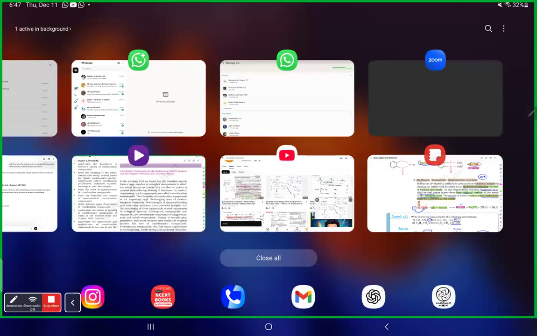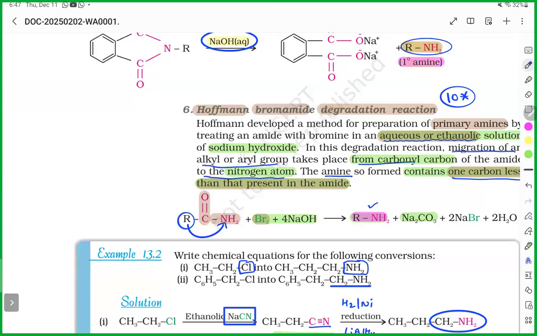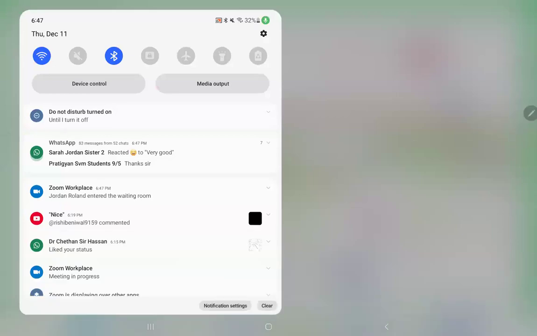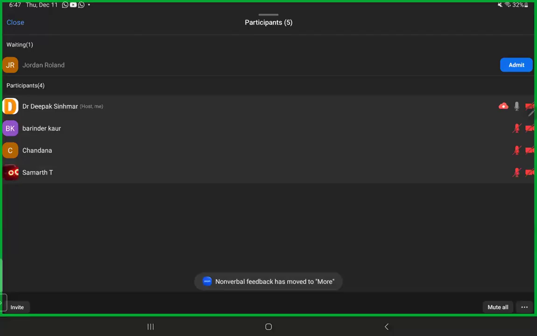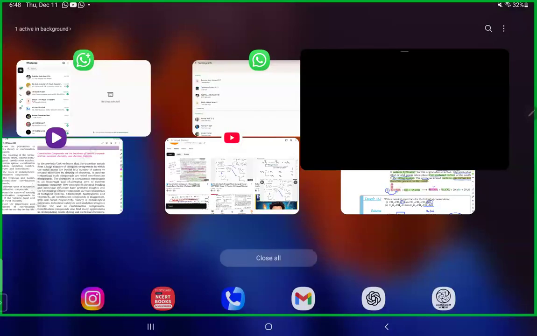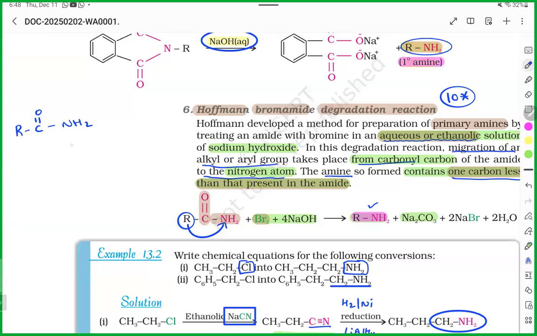Though this looks like you have to remember the product, you will understand it's always about how you break down into positive and negative, and that's what I always prefer. Here, for example, you have two bromine and then four NaOH.